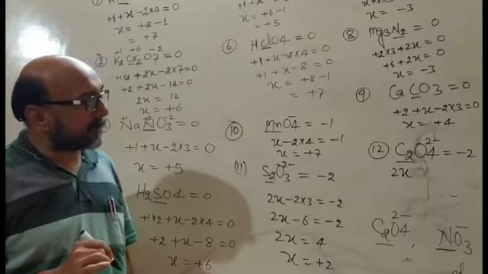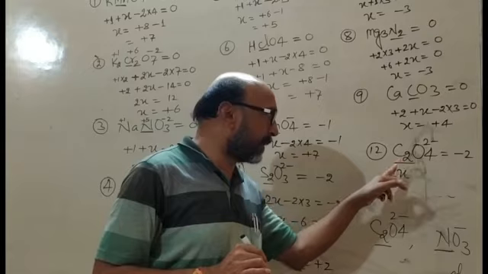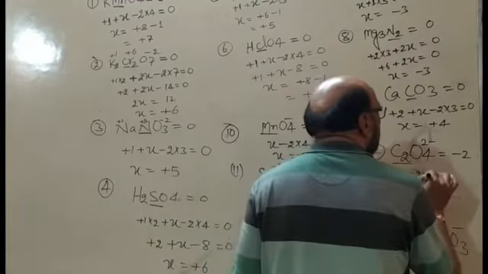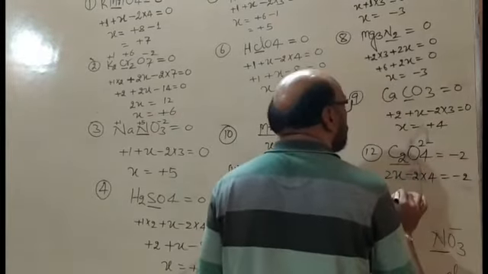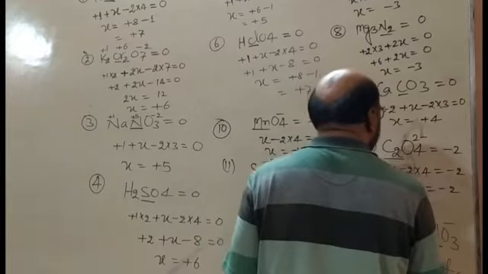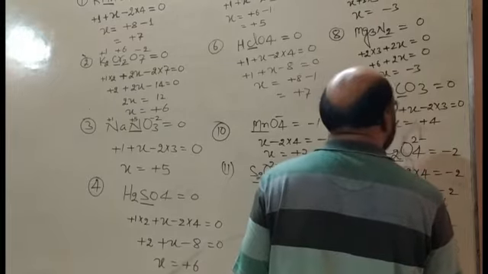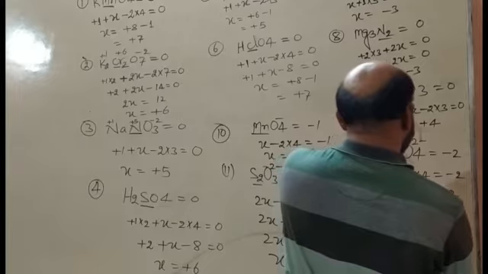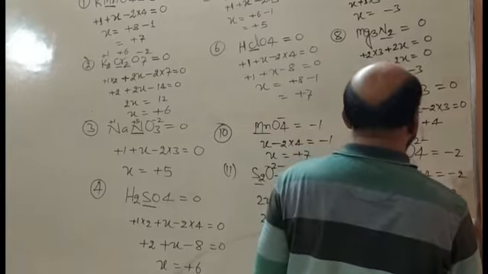The oxidation state of carbon is X. There are two atoms of carbon, therefore it is 2X, and minus 2 into 4 for oxygen is equal to minus 2. The 2X minus 8 is equal to minus 2. 2X is equal to plus 6. X is equal to plus 3.